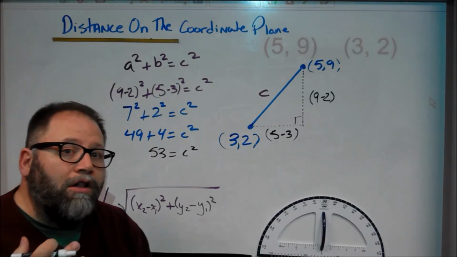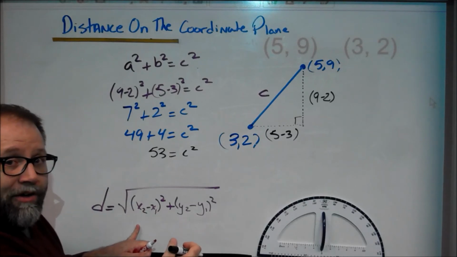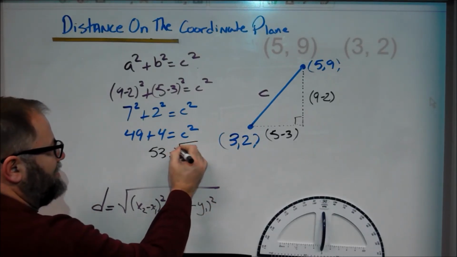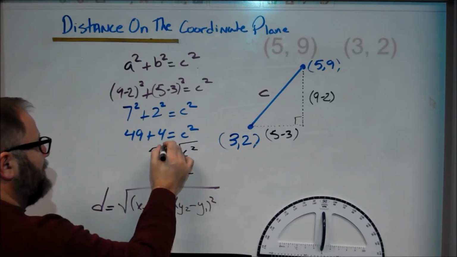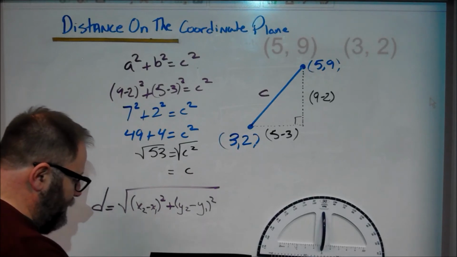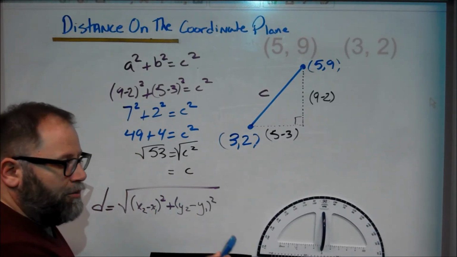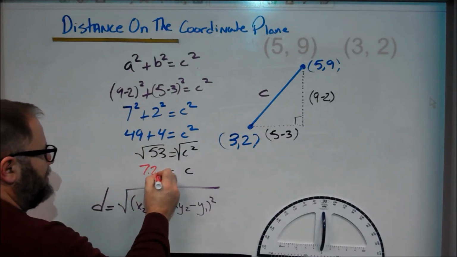Now, we did all of that in the previous problem just under a radical. And now here's where that radical comes in, because we don't want c squared, we want c. So then we take the radical of both, and from that, where's my calculator? I get 7.28.